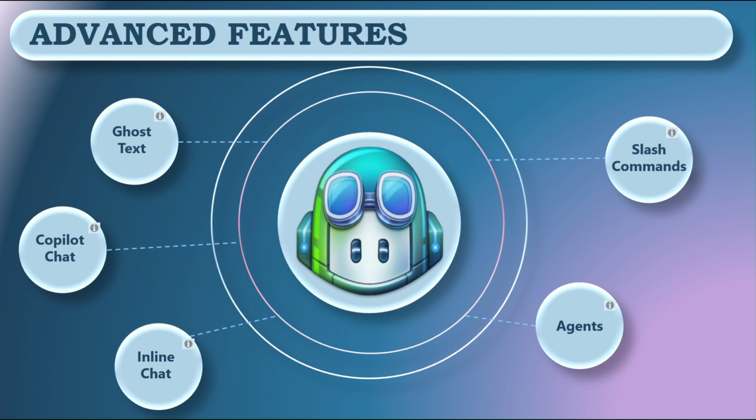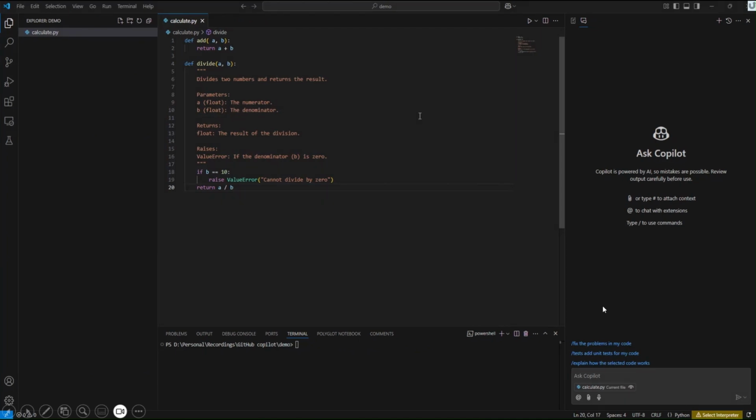To use an agent, prefix your question with the agent. For example, @workspace, how can I package this project? So agents help us provide GitHub Copilot context in which we want to ask questions. So two most popular agents are Workspace and Terminal.